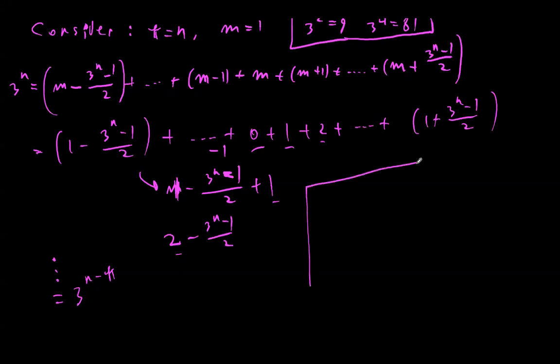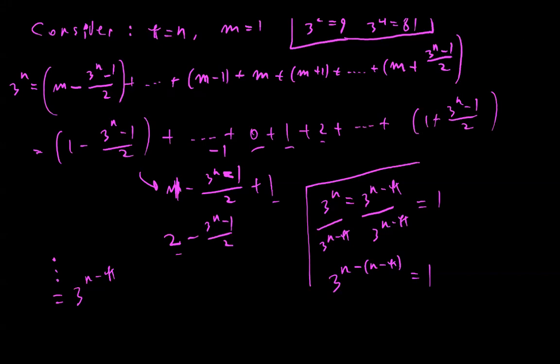That then gives you 3 to the n is equal to 3 to the n minus k. What am I going to get if I divide both sides of this by 3 to the n minus k? On this side, that's just 1, because these will cancel. And I have 3 to the n minus n minus k.